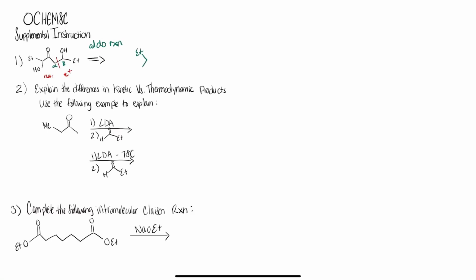So I'm just going to rewrite exactly the same carbonyl as a nucleophile, and the other side, instead of writing OH, will be a carbonyl. This is an aldehyde. And then the alpha position and the beta position will react together and make a bond between them.